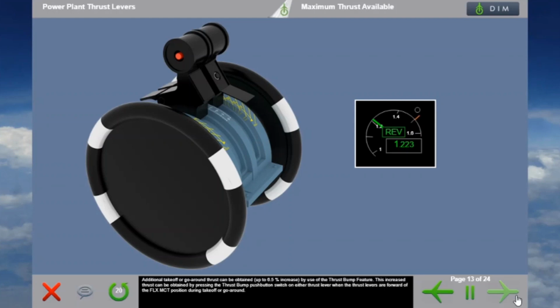Additional takeoff or go-around thrust can be obtained, up to a 6.5% increase, by use of the thrust bump feature. This increased thrust can be obtained by pressing the thrust bump push button switch on either thrust lever when the thrust levers are forward of the FLEX MCT position during takeoff or go-around.